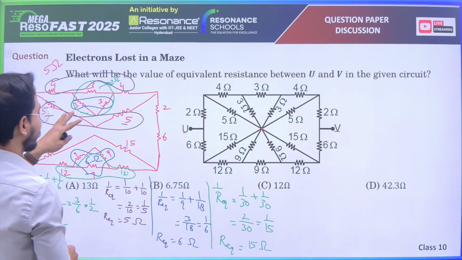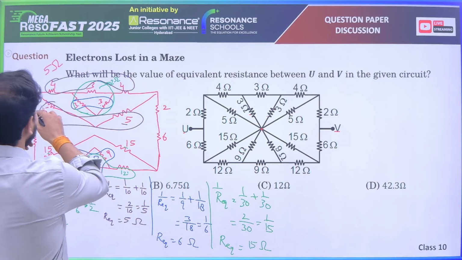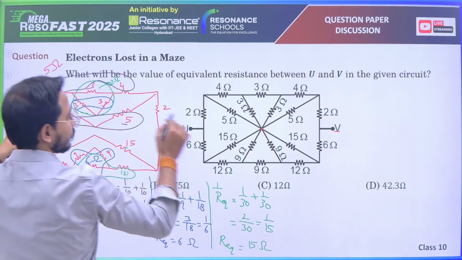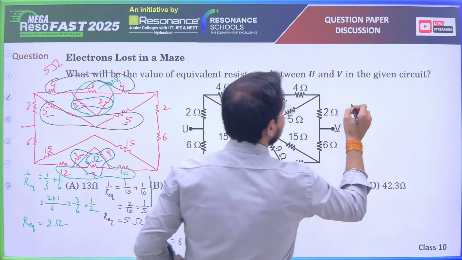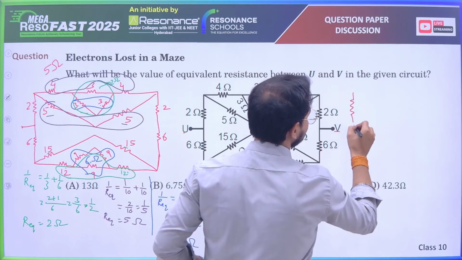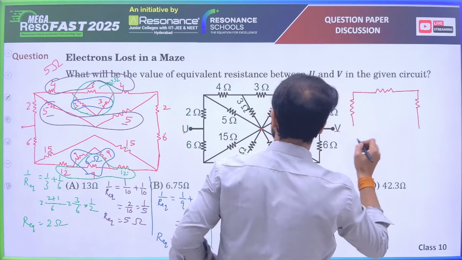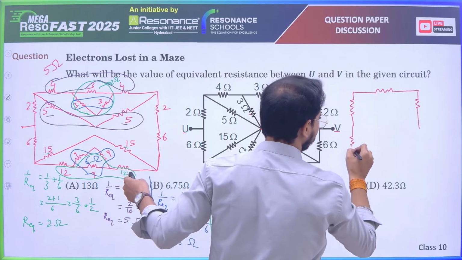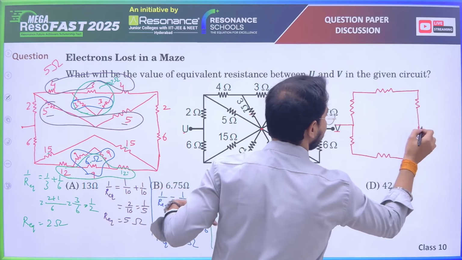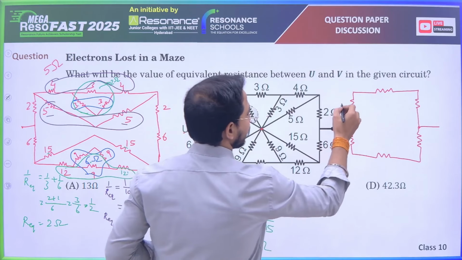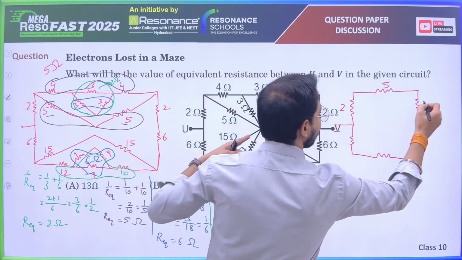So now the final circuit which we are having over here: we are having 2 ohm and the equivalent is 5 ohm. So this is our final circuit. Here it is U and V. So here it is 2, here we are having 5 ohm and here again we are having 2.